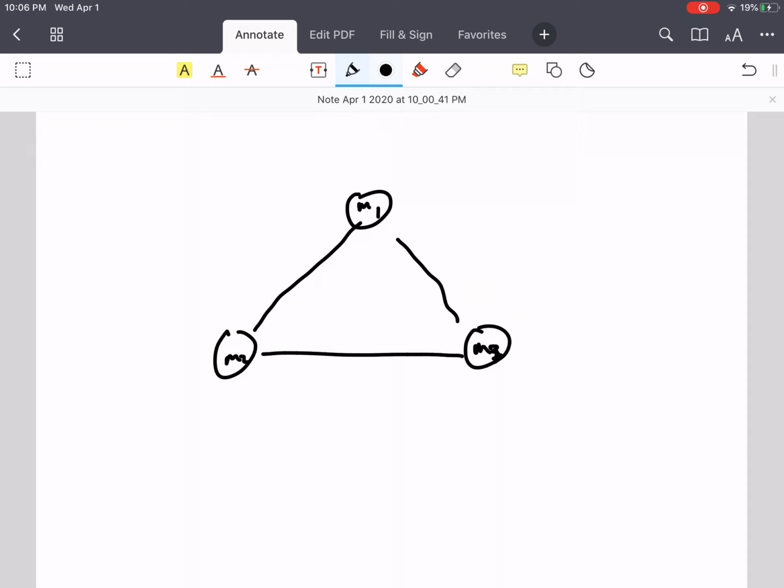Imagine I have an object M1, an object M2, an object M3. They're tied together by rods or something, and they're all rotating about some common axis. Let's imagine the axis of rotation is somewhere in the center here. It doesn't really matter where. They rotate with a common angular velocity, omega, and of course a common theta and a common alpha.